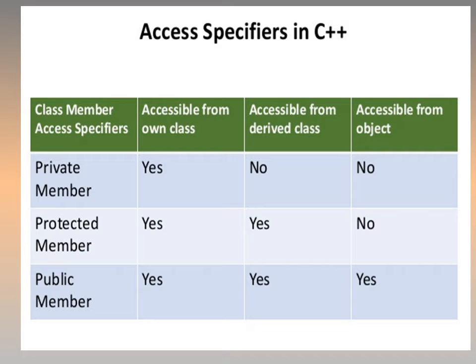If we derive class A from class B, then class A can access the data of B if we declare it in the parent class B as public. And accessible from object: if we create an object of any other class, that class can access the data of the first class if we declared that data under the public access specifier. So this is the tabular information showing how and where that data can be accessed.